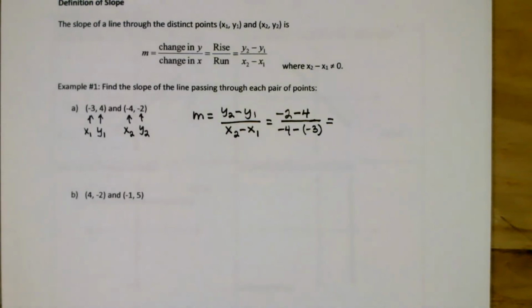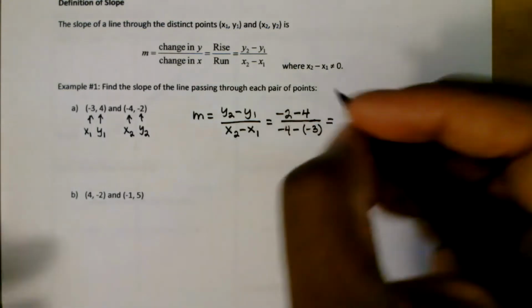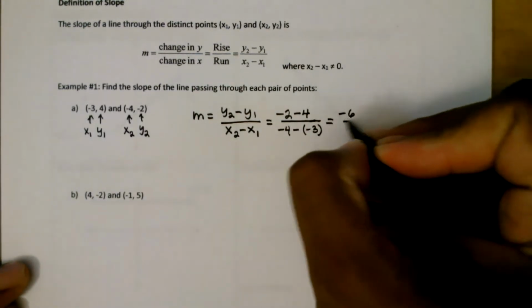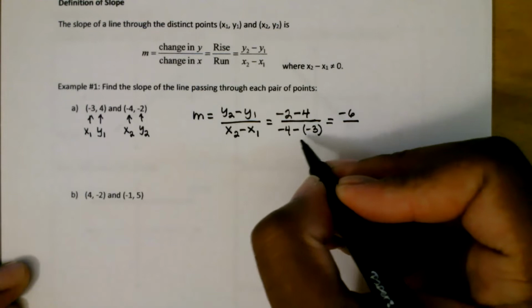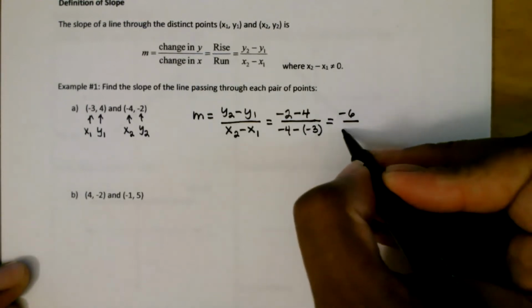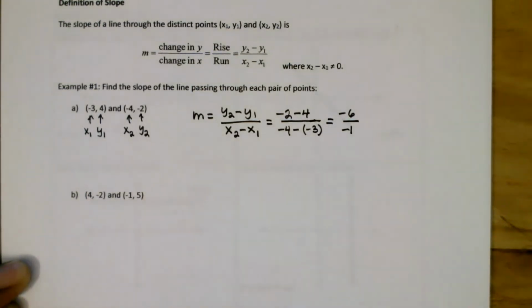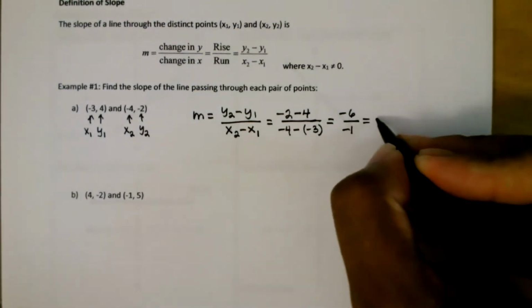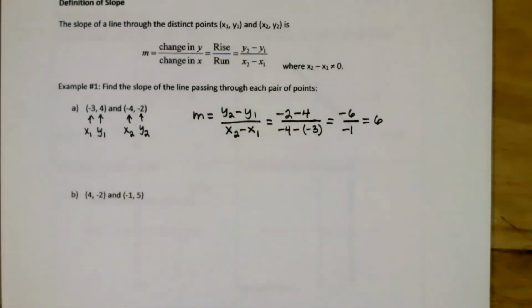Now we can subtract the numerator and the denominator. -2 minus 4 is like -2 plus -4, that's -6, over -4 minus -3, which is the same as -4 plus 3. That would be -1. And -6 divided by -1 is 6. So the slope of that line passing through those 2 points is 6.